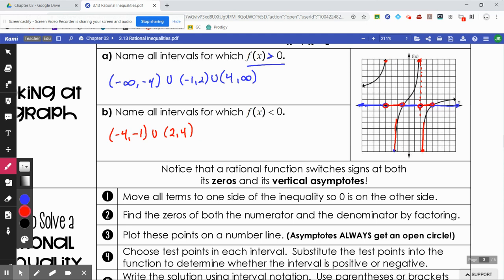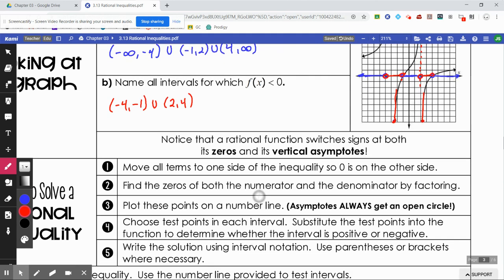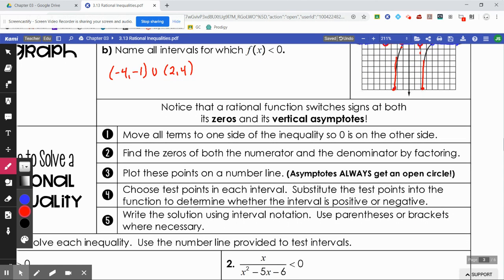It was up here, and on the other side of the asymptote line it was less than. And here's another place. It was less than, and on the other side of that zero it is now greater than. So your function can jump across the x-axis at asymptote lines, at holes, or at zeros. We've got to be cautious of all three of those. Remember those as we go through these steps, and it's going to make more sense.